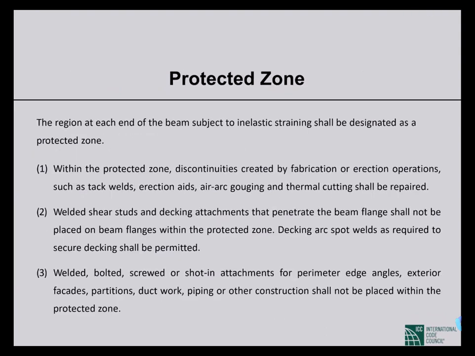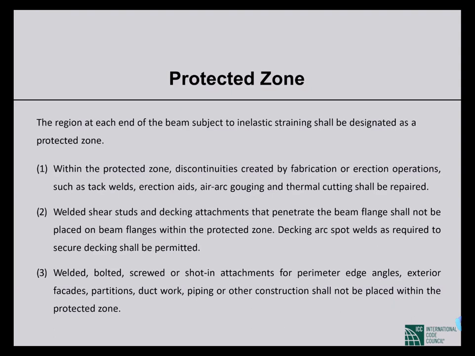Okay, then protected zone. I talked about protected zone, that we don't want the hinges to form very close to the beam column connection. If it forms very close to the connection, then what happens?